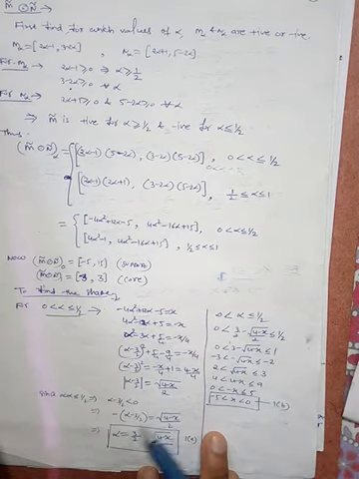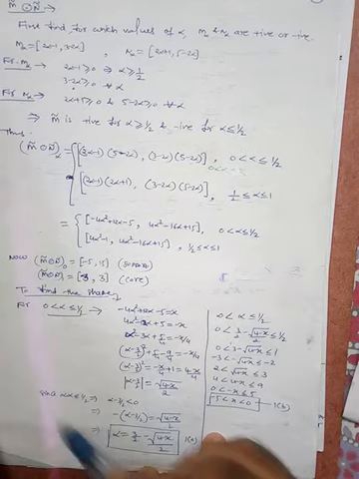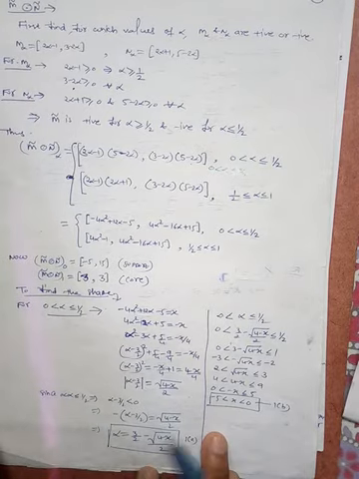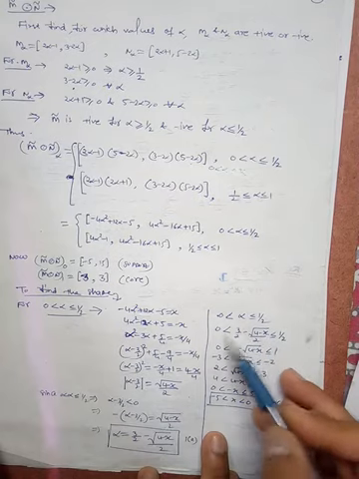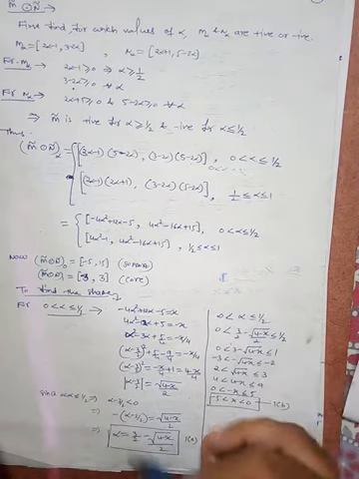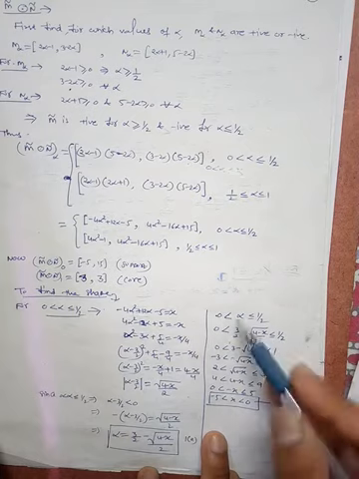So now we will take this part because alpha varies from 0 to half. So put alpha equal to this value in this range. So we get 0 less than alpha less than or equal to half, replace alpha by this value, so we get this, and simplify this.